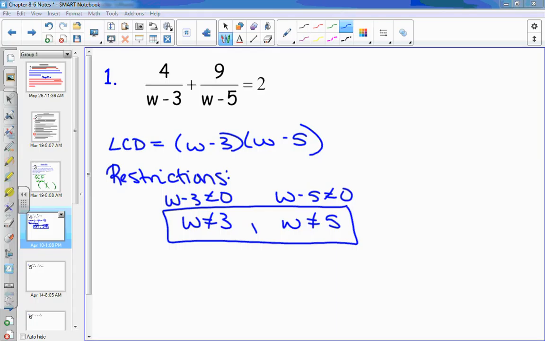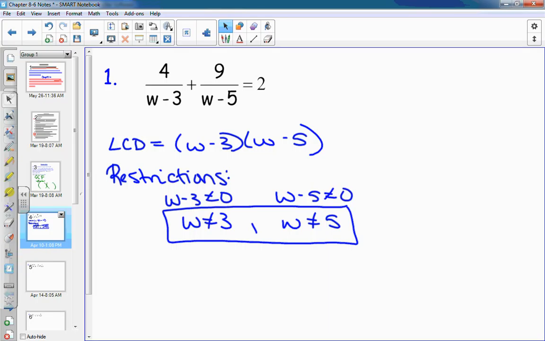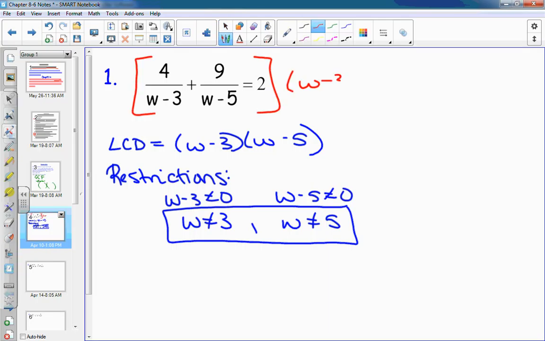But if I only have to throw out one of them, then that means I have only one answer left. So from here, this said that I need to do what to both sides of the equation? We're going to multiply the entire thing by my least common denominator.